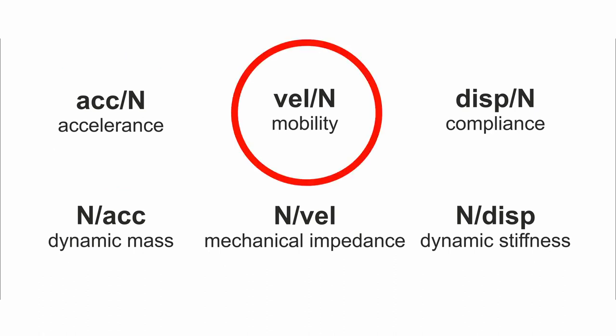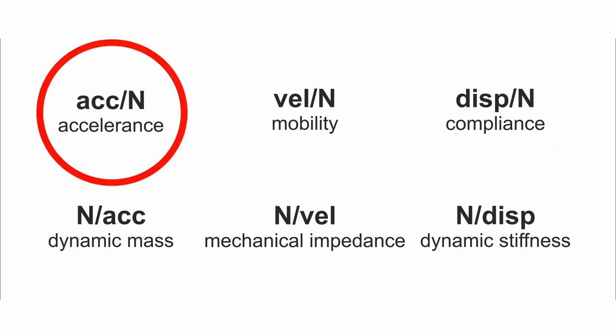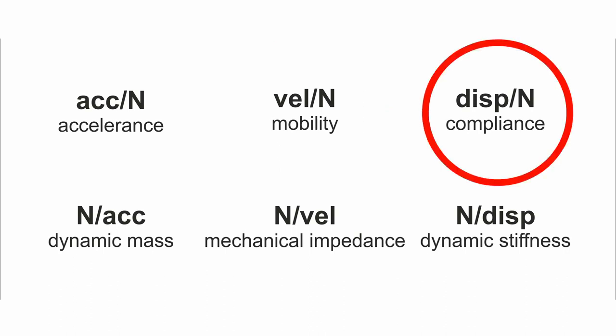If the response is in velocity, then FRF is called mobility. In case of displacement response, we talk about compliance. So we get G divided by Newton, millimeters per second divided by Newton, and micrometer divided by Newton.